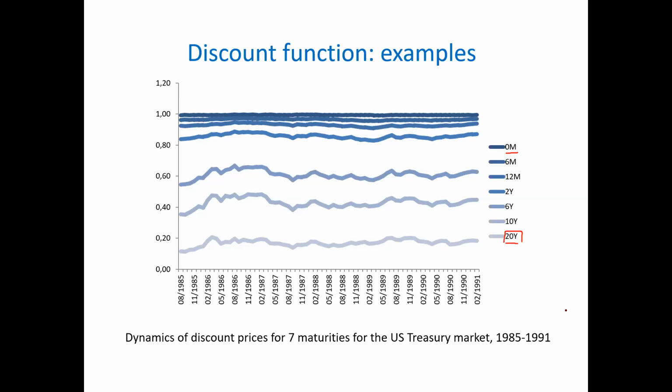Okay, you might think, and that would be correct, that the longer the time to maturity, the larger the uncertainty. So it seems that the 20-year discount price should be even more volatile, but it is less volatile. Why?